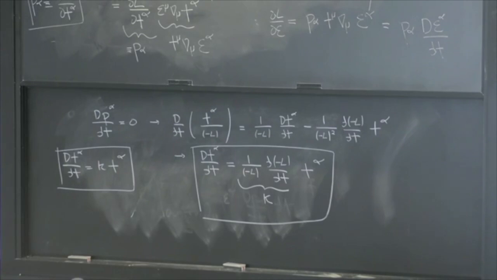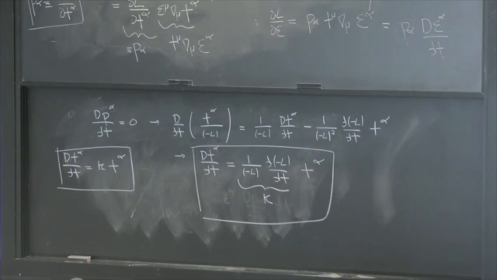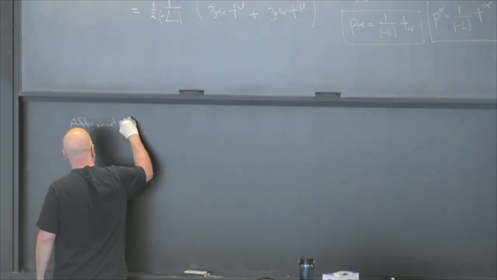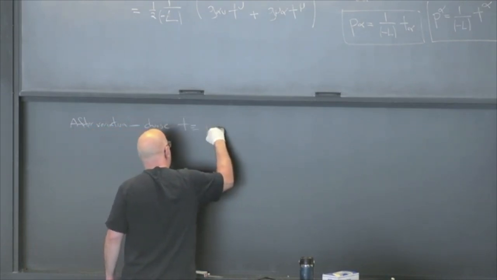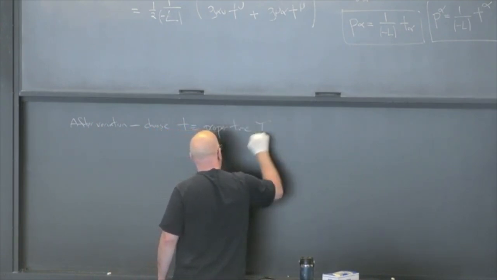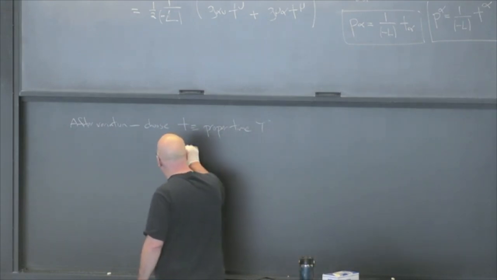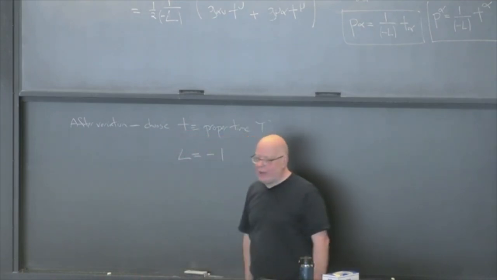If we choose a very specific parameterization after we're done with this variation calculation, so after variation, we can choose t to be proper time, tau. We can pick that way of parameterizing the curve, and that guarantees that our Lagrangian is in fact going to be equal to -1.